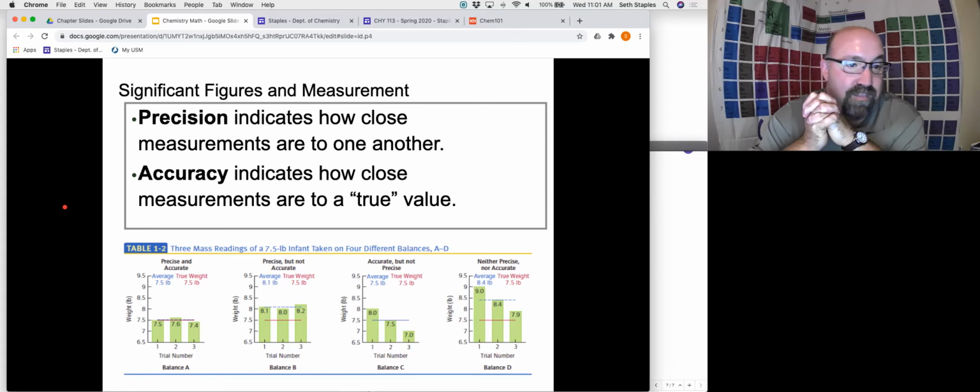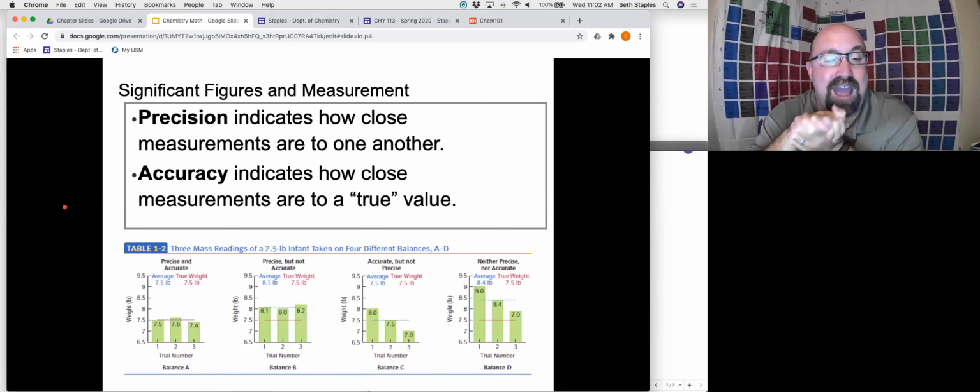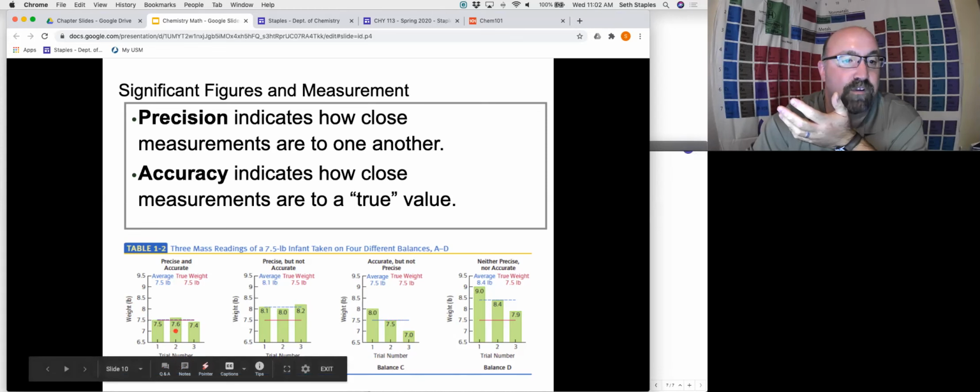They're all right in that 7.5, 7.4 range. And so they average out to 7.5, so they're really accurate because our average is coming out very close to what the real number actually is. Not only are they accurate, they're also very precise because all the measurements are close to each other.